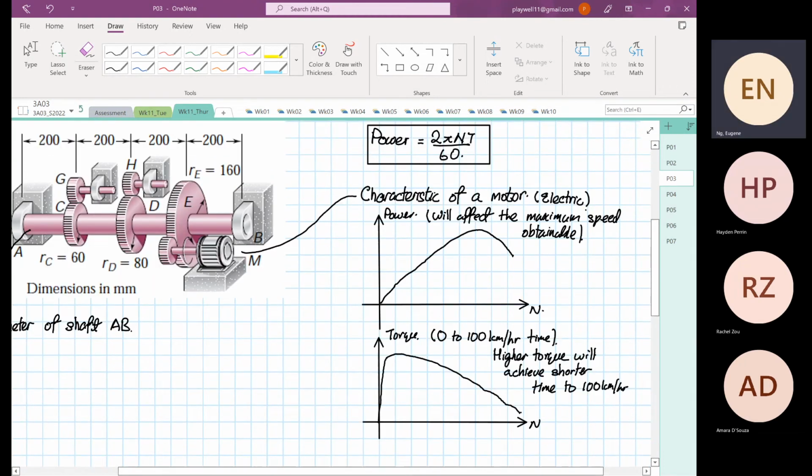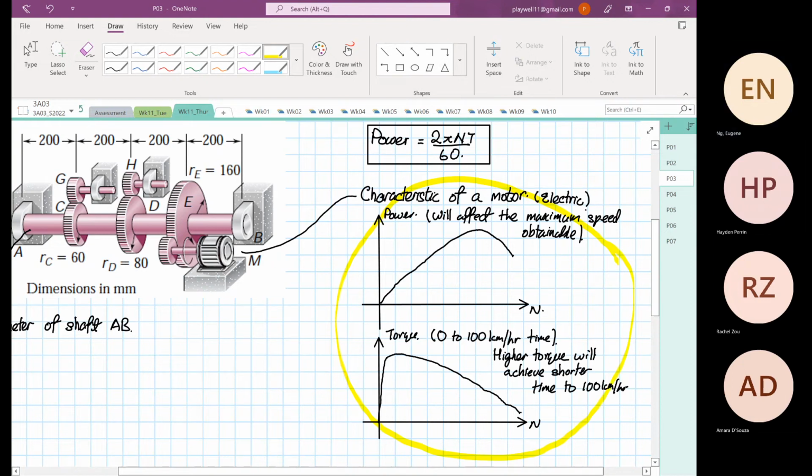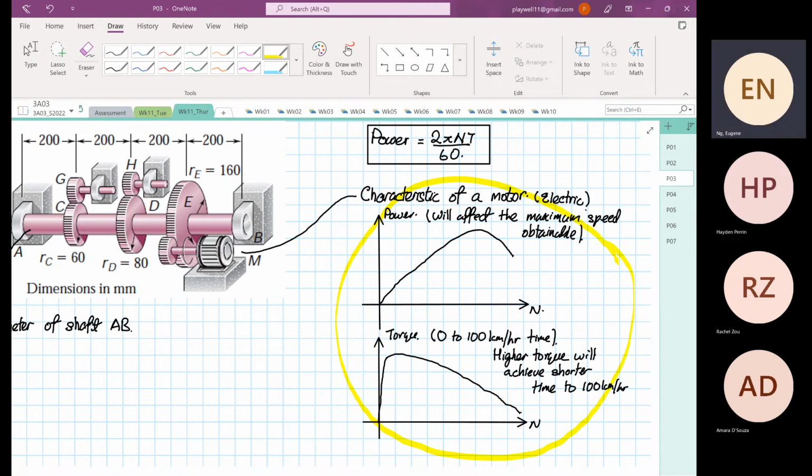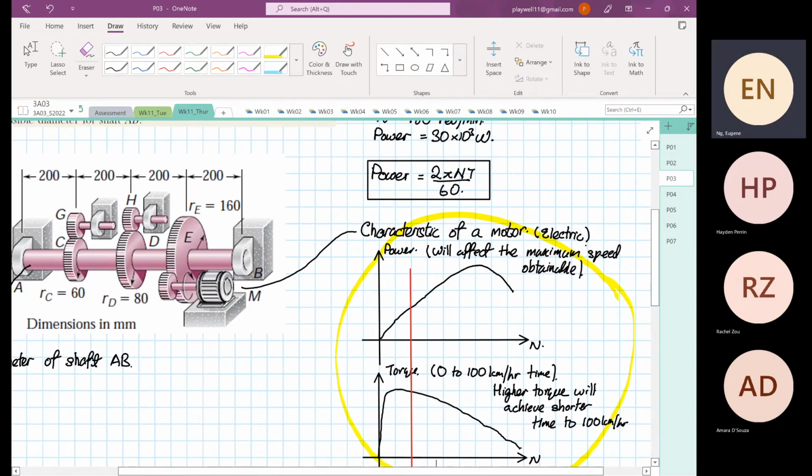Now, whenever we design a system, we need to know this information. So it all depends on how fast you want to run your motor. Okay. So just arbitrarily, for this case, we're going to operate our system at this level. So we know that this is our operating boundaries.